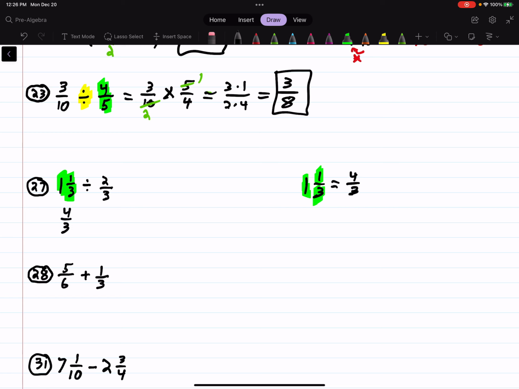Then we notice that we had a division problem, so we're going to change that to times. Because it was a division problem, we take the second fraction and we invert it. 3 over 2. We see some cross cancellation right away. 1 and 1, and 2 and 1. That gives us a final answer on this one of 2 over 1, or just 2.